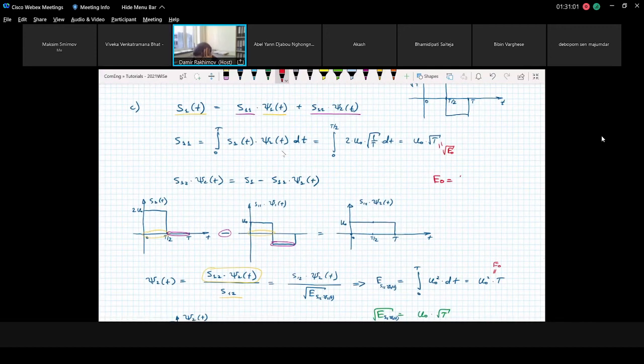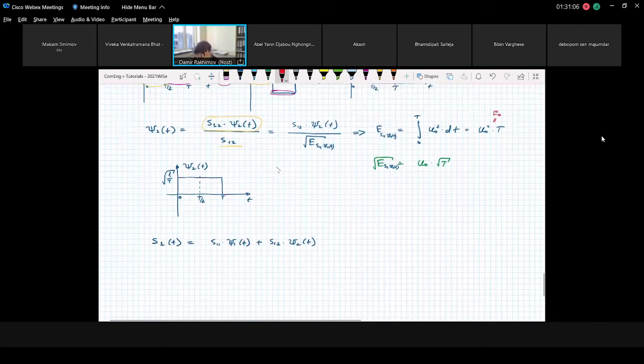E0 equals U0 squared times T. We can rewrite this weighted sum as square root of E0 for the first component times psi 1 of t, and also square root of E0 for the second component times psi 2 of t.